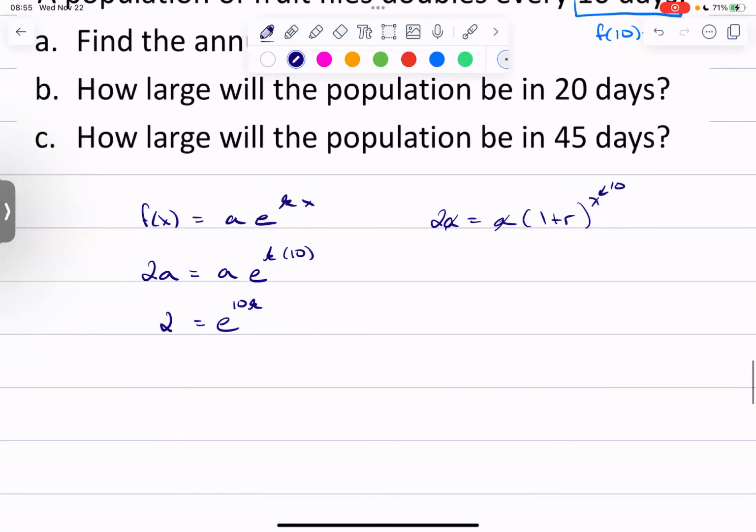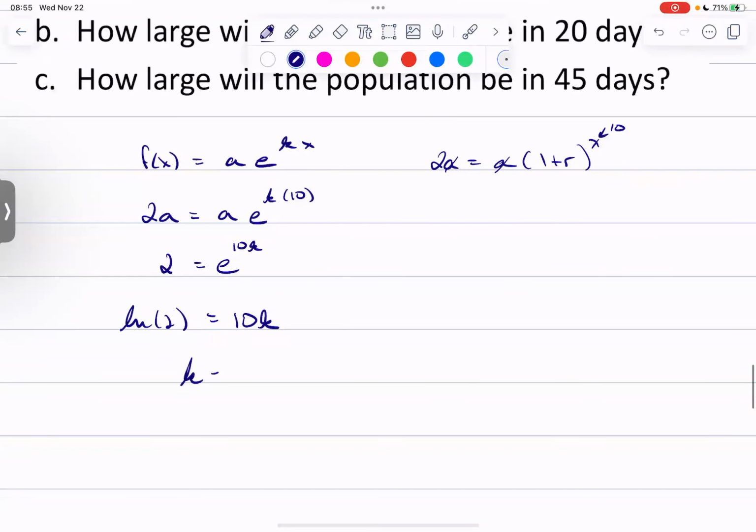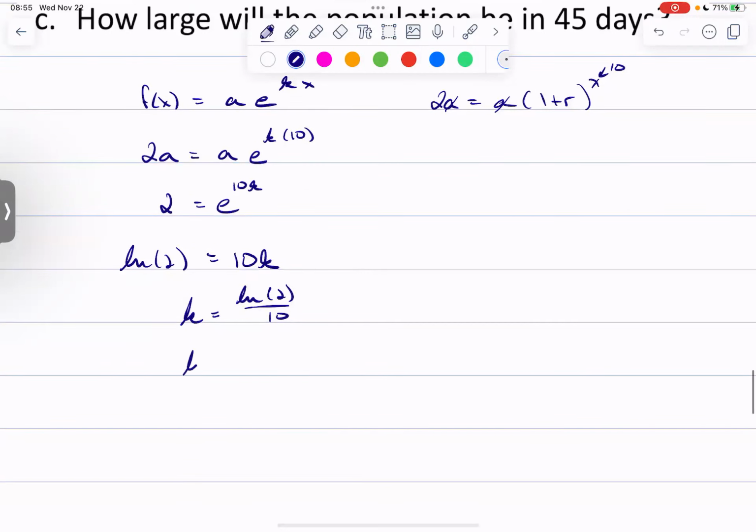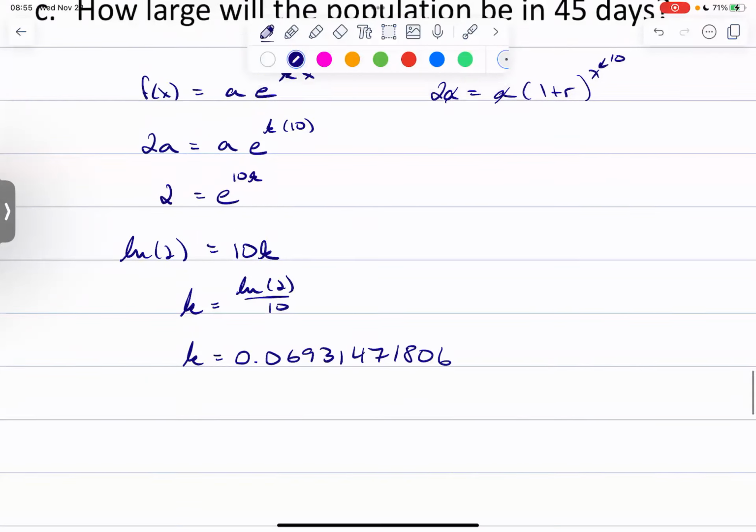Taking the natural log of both sides, I get the natural log of 2 is equal to 10K. So K is going to be the natural log of 2 divided by 10. K is 0.0693147186.